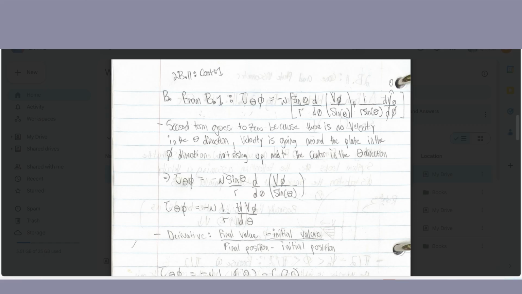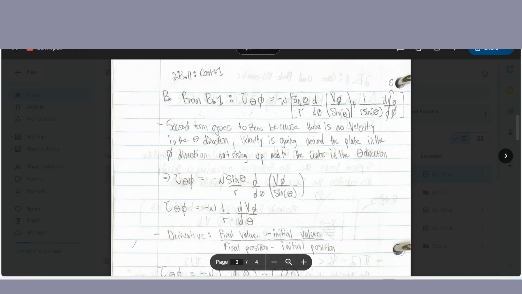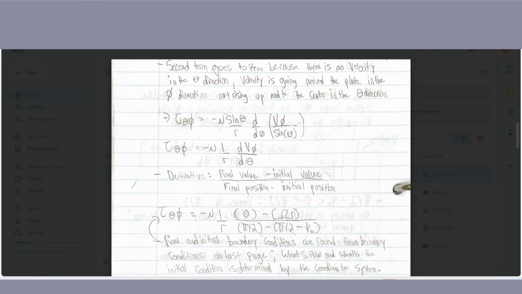Sine pi over 2 is basically 1, and since the trident is a really small value, it's basically just going to be 1 the whole time, so we can just cancel this out, and we can also cancel this out because this is also basically 1. Well, we can cancel them out because they're in the numerator and denominator as well, but it's either way. They'd cancel out either way.